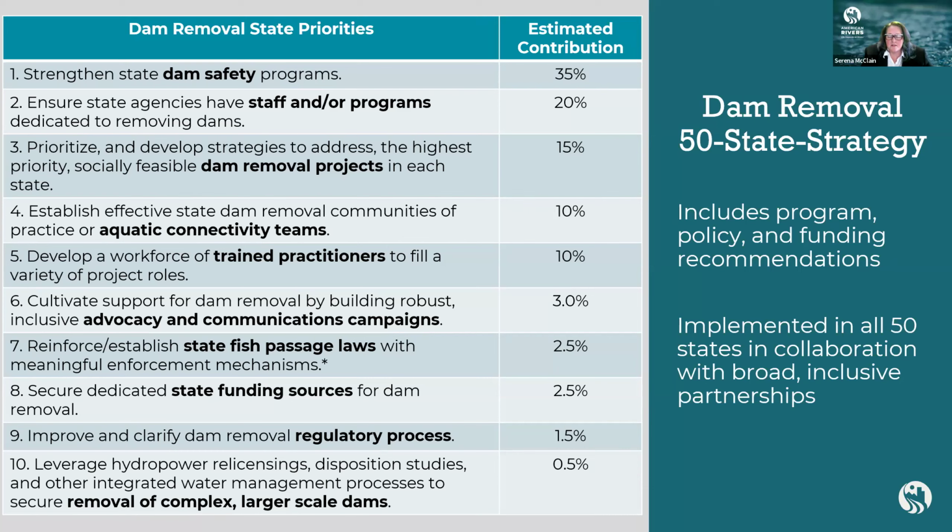But again, states like Pennsylvania, who've done more of these, have had several years in a row and periods of time where they were removing 25 to 30 projects per year. So again, this list is important in looking at each of these individually. It's even more important if we talk about how we can collectively work as a community to try to implement more of these in individual states.